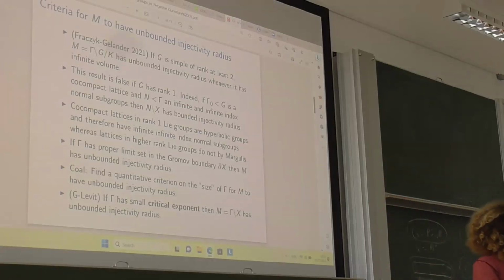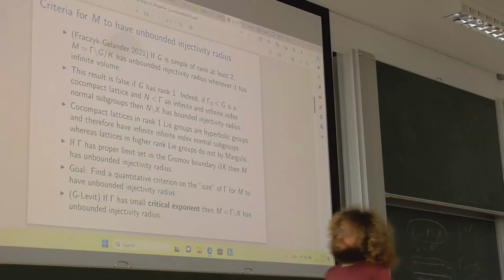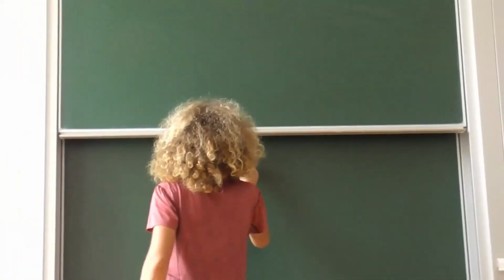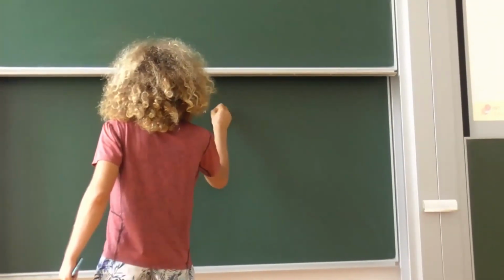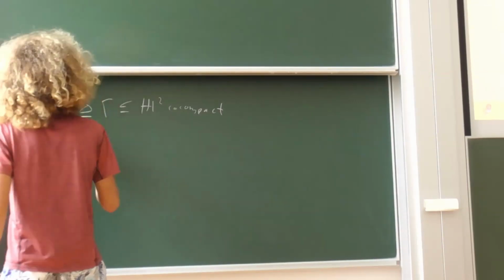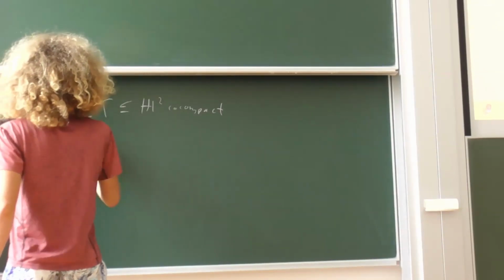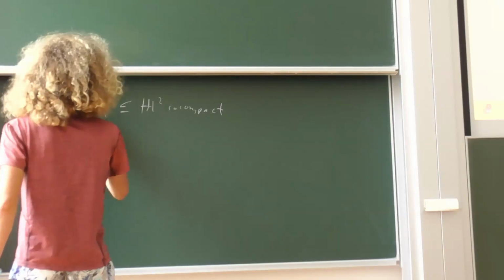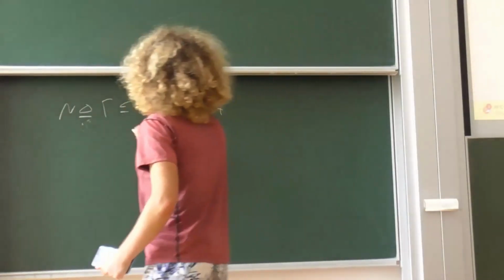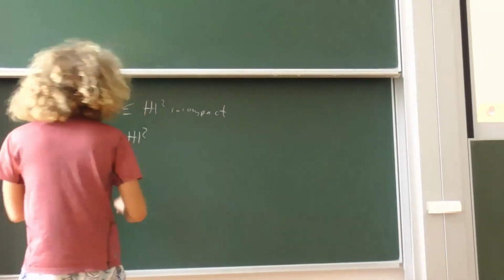If you have a co-compact lattice Gamma in H2, and you have a normal subgroup N of that, for example with quotient Z, then H2 mod N will also have bounded injectivity radius.